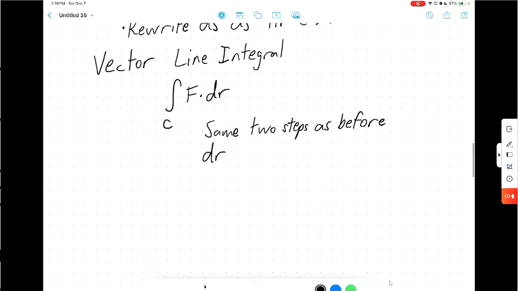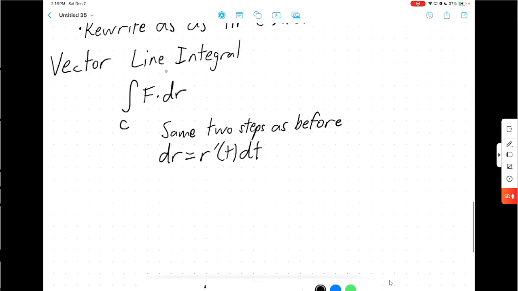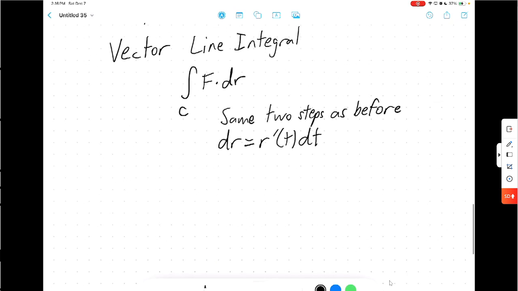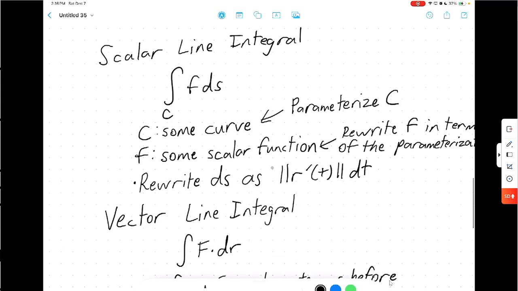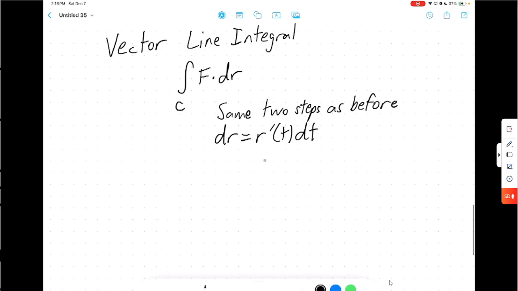Only this time our dr is going to be equal to just r prime of t dt, like so. And then again we parameterize F of r(t), and then we're dotting the two instead of taking the magnitude of the vector function, or really the magnitude of the derivative of the vector function.